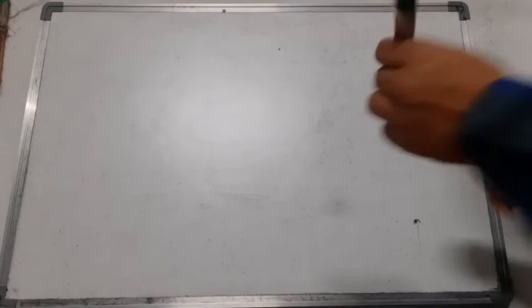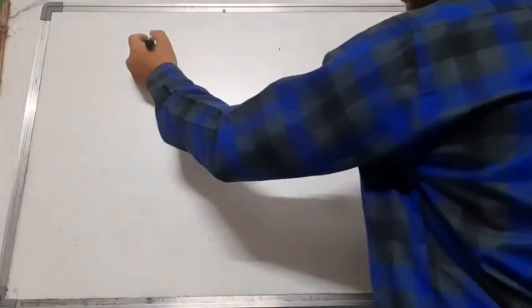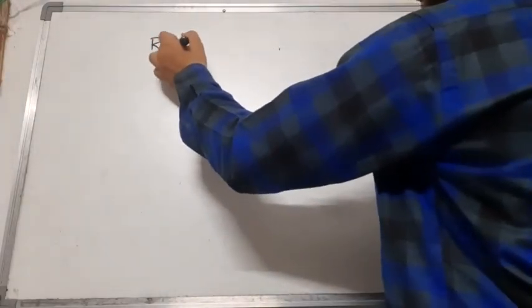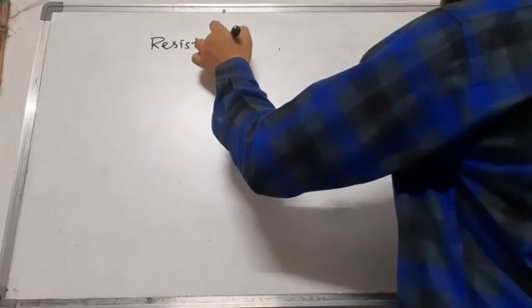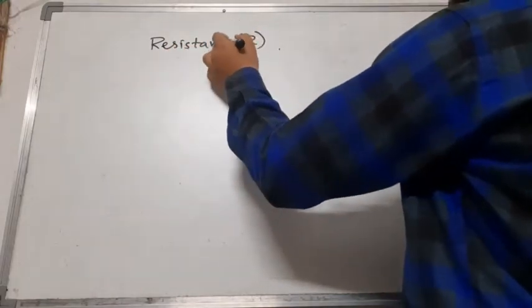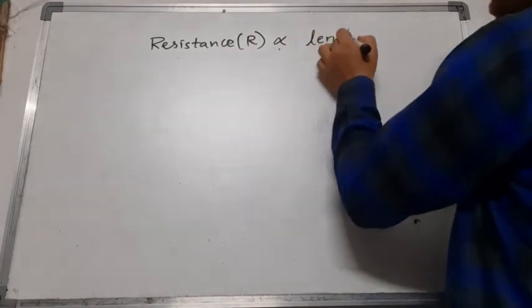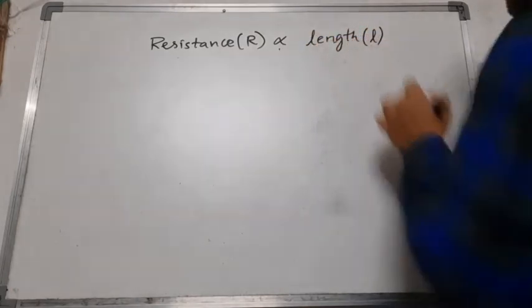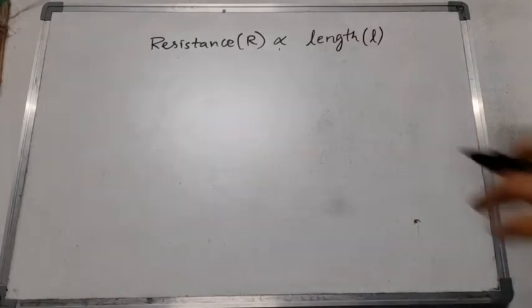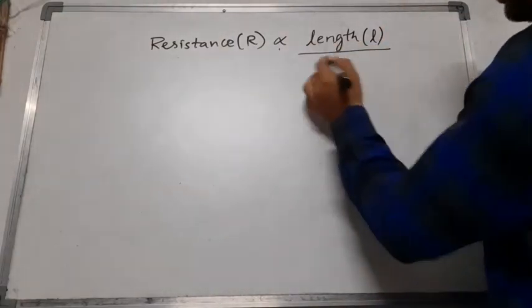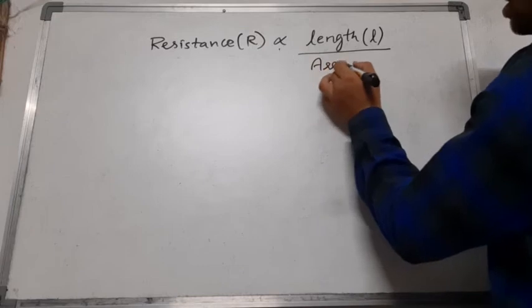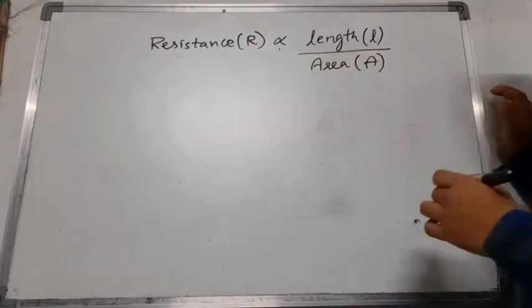So the resistance R of a given material is directly proportional to the length of a wire, and inversely proportional to the area of cross section.